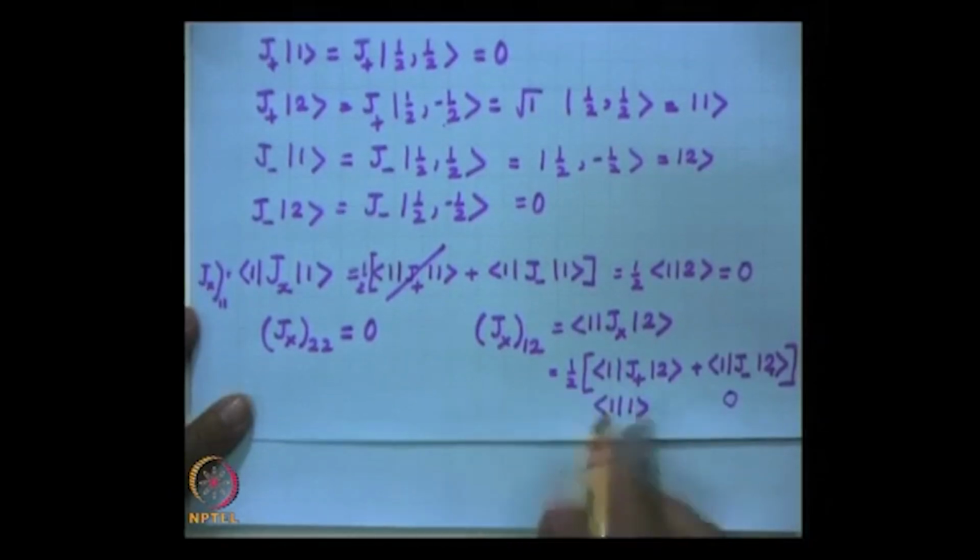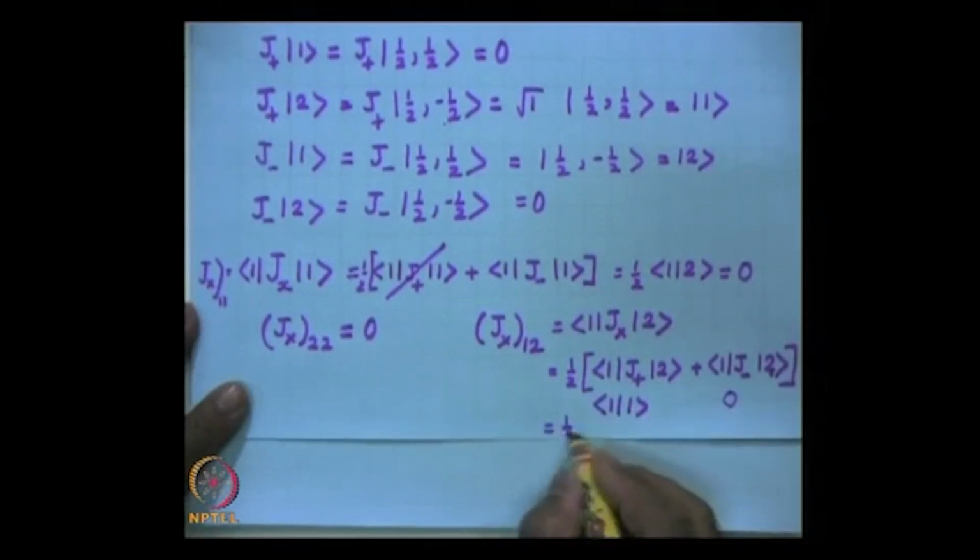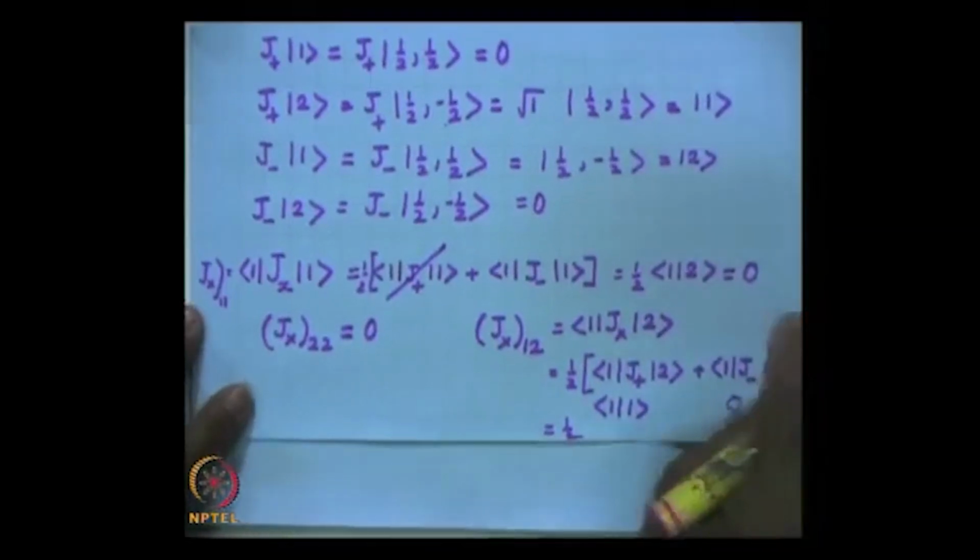So this becomes equal to half. So, we have found all the matrix elements of J_x.